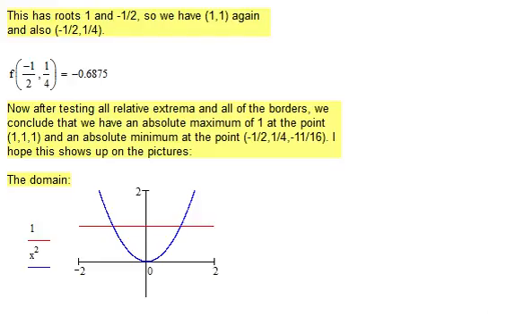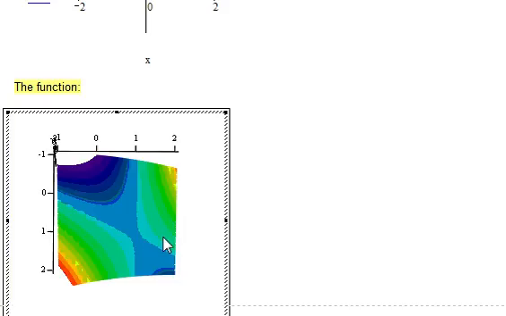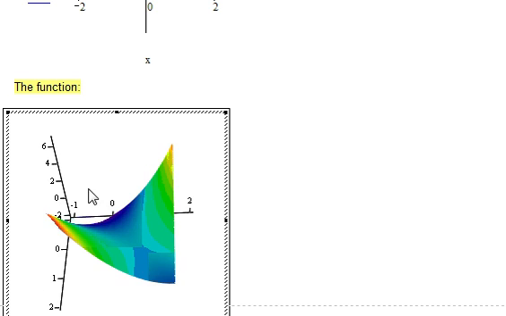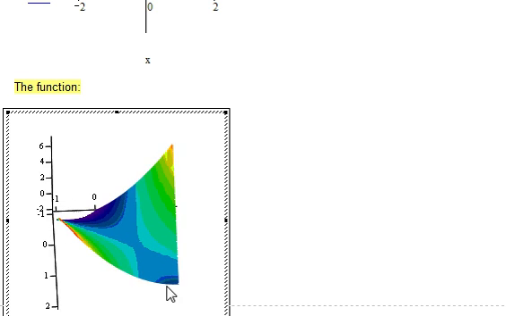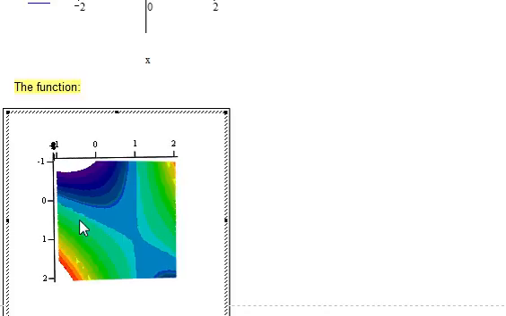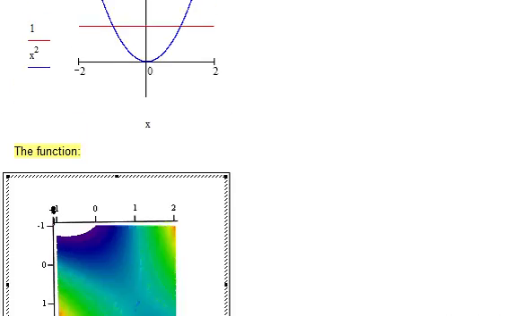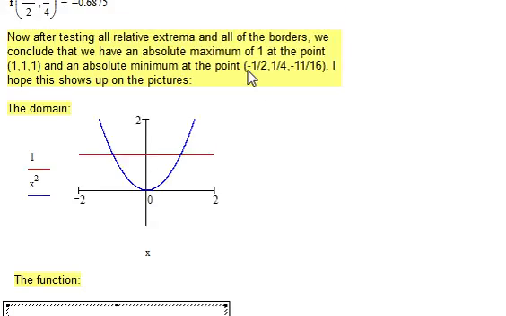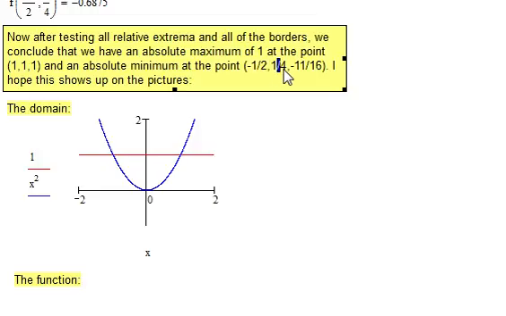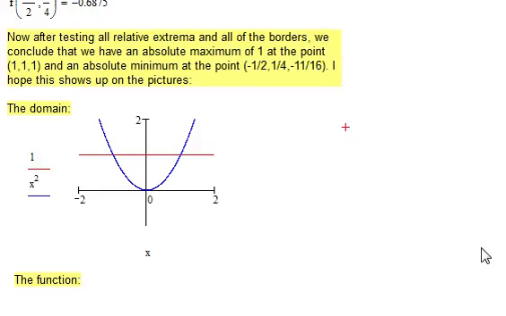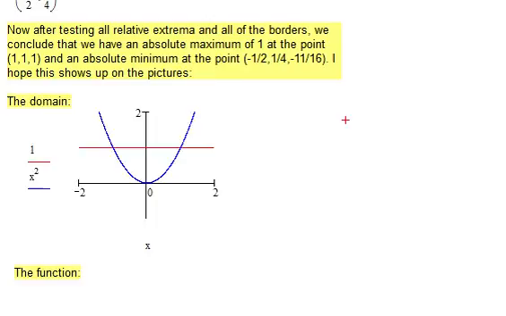We have a maximum value of 1 at the point x is 1, y is 1, and so that would be here. I think you can kind of see that. That's the biggest the function ever gets. The smallest it ever gets on that zone is when x is negative a half, y is 1/4, and the function value is negative 11/16. Let's see if we can see that.